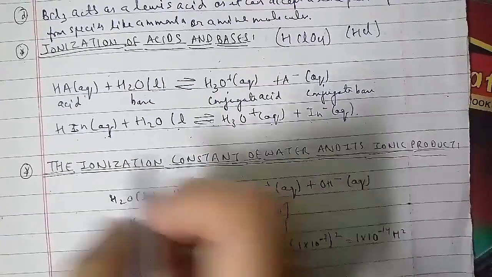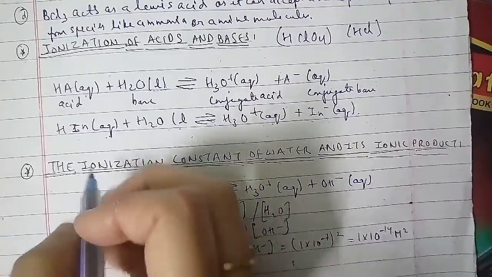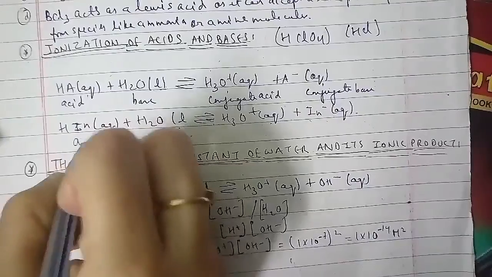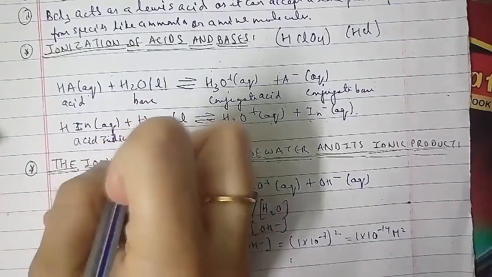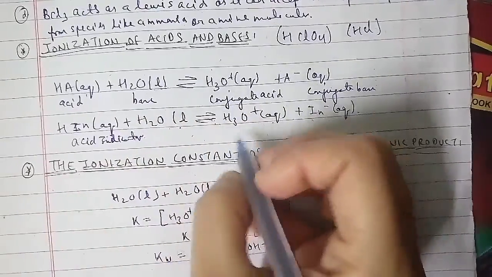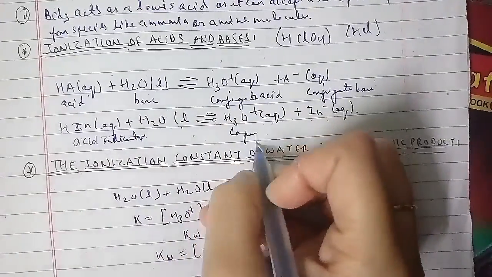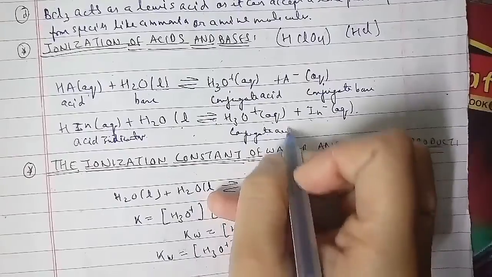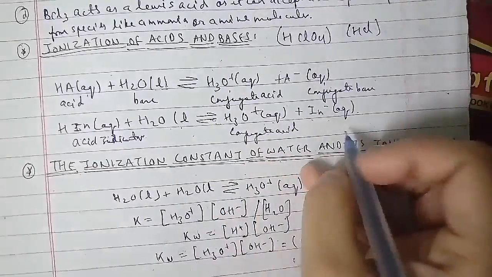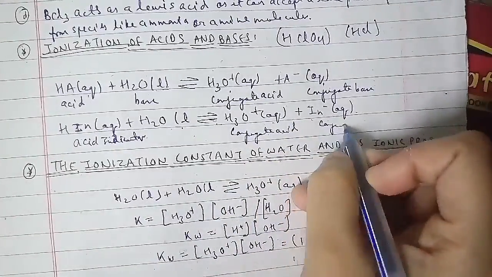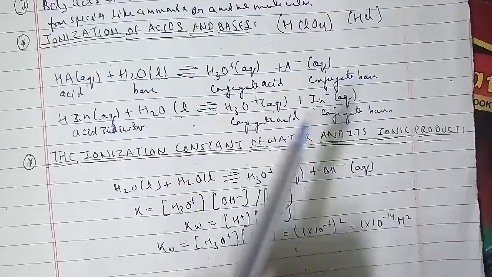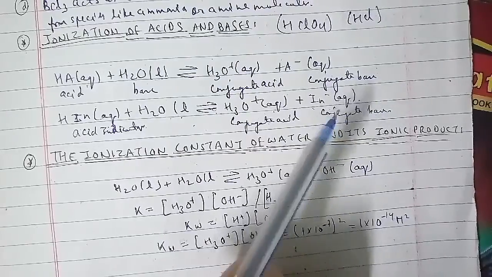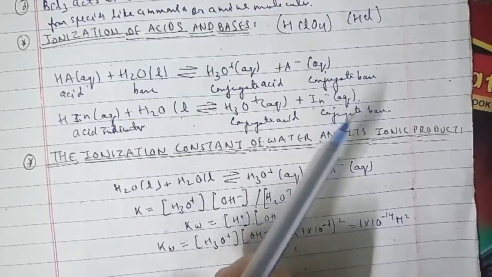Here this is your acid indicator, this is your conjugate acid, and this is your conjugate base. Such compounds are useful as indicators in acid base titration and in finding out the H plus ion concentration.